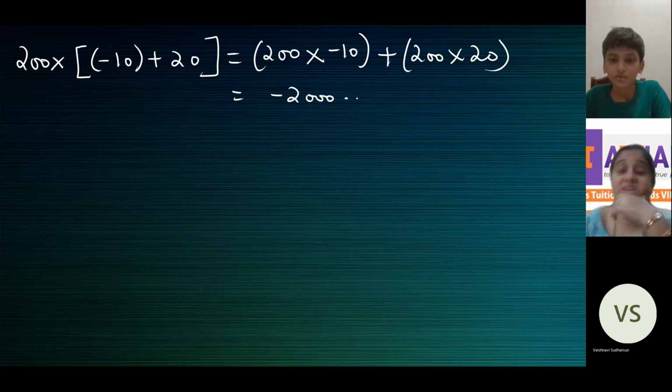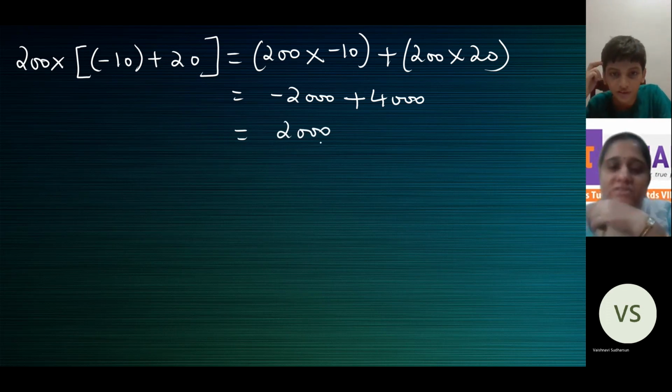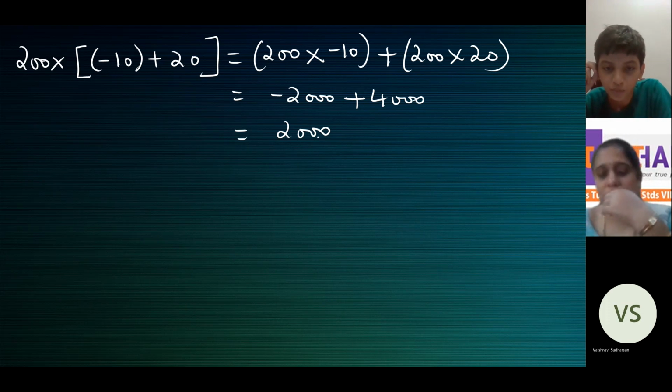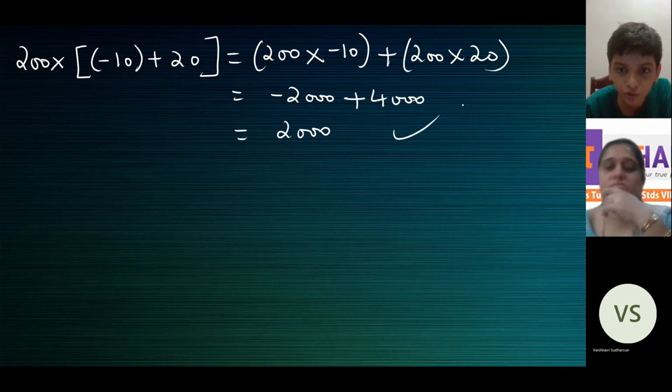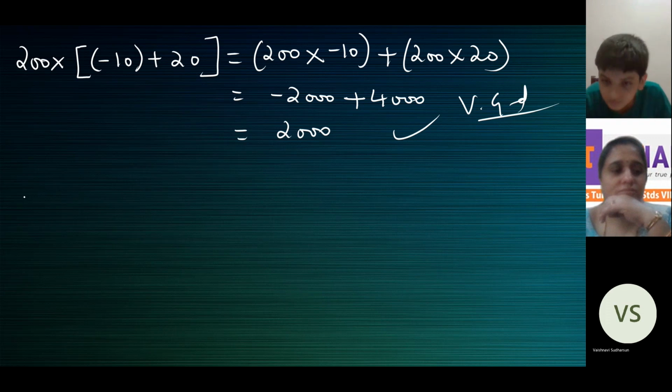Plus 4000 is equal to 2000. Different signs, subtract. Subtract and put the greater number's sign. And plus 2000 is the answer. Very good. Next, Anirudh.